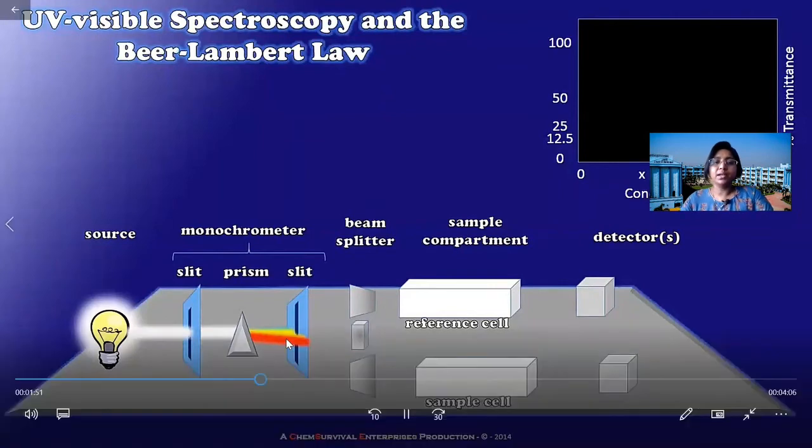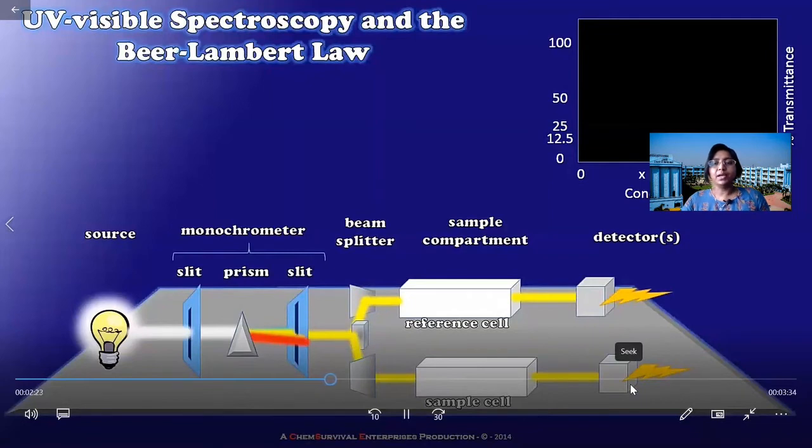When this single radiation, say yellow color, is split into two parallel beams by the beam splitter, one goes through the reference cell and another goes through the sample. If there is nothing, it is the same, and we get the same electricity at the detector.